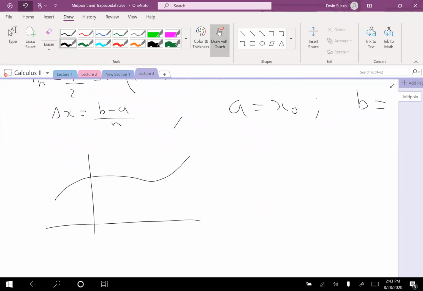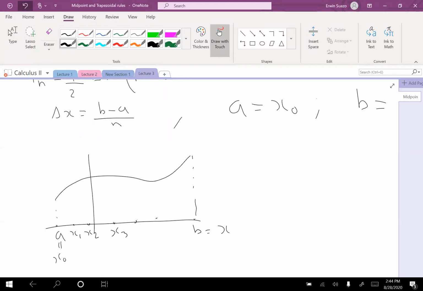This is your function, this is a, this is b, and then this is going to be x0, and then you start x1, x2, x3, and so on. Start dividing, right?